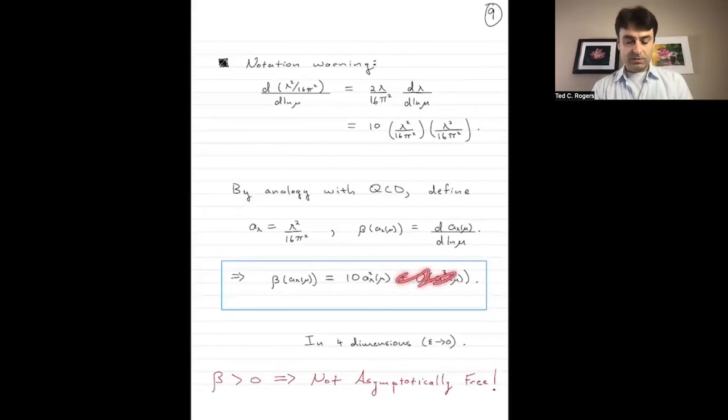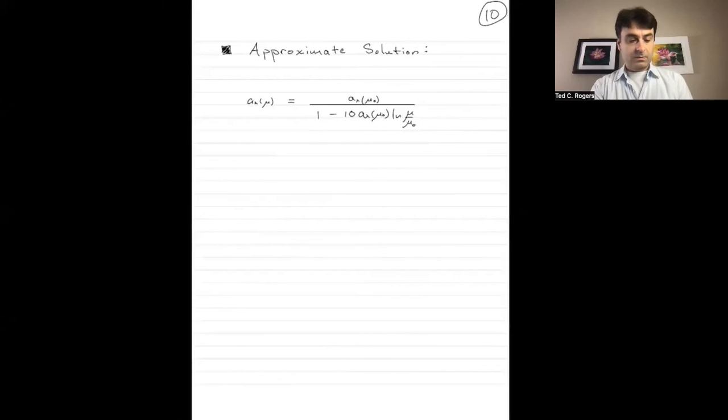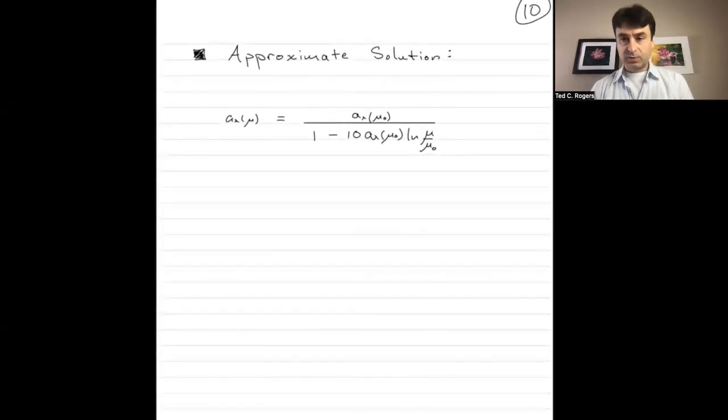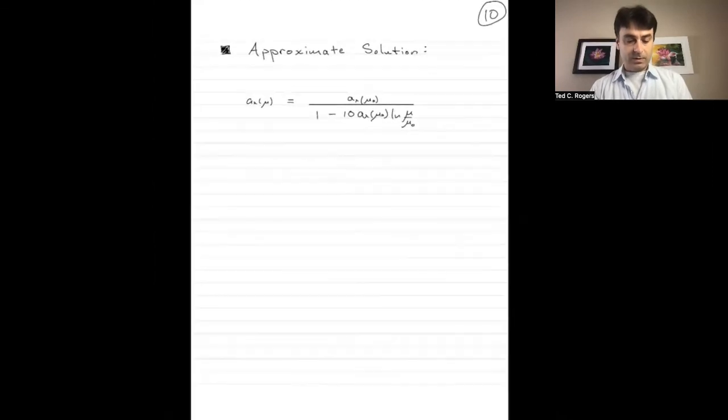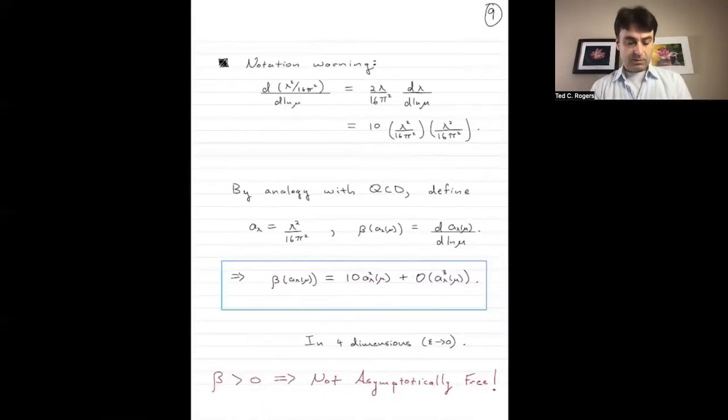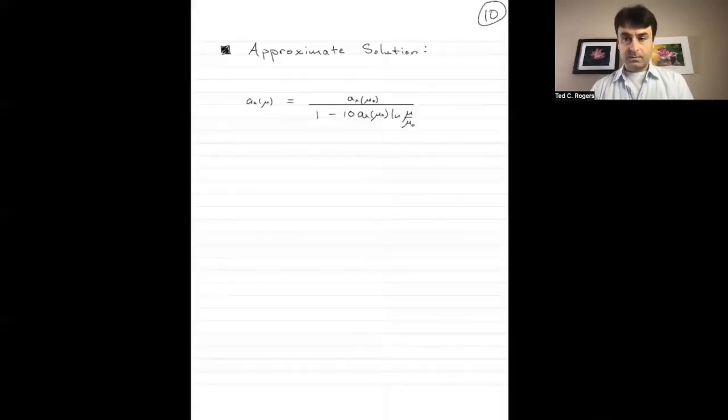If we truncate here, just drop this term and solve that expression, then you get an approximate solution that looks something like this. Just check that when you plug that into the definition of beta, you recover this relation, this renormalization group equation. Okay, this is the equation for the running of the coupling.